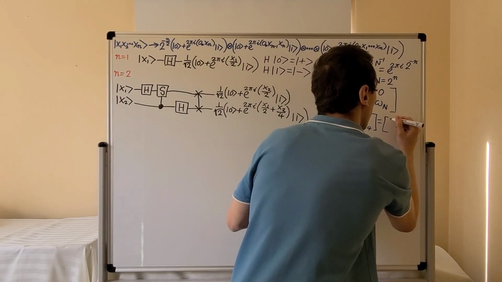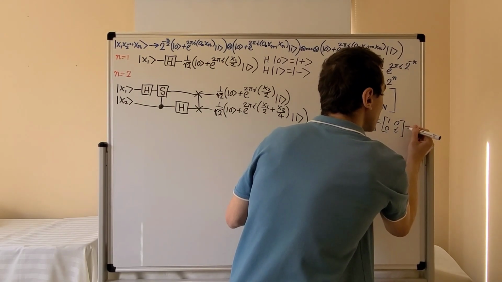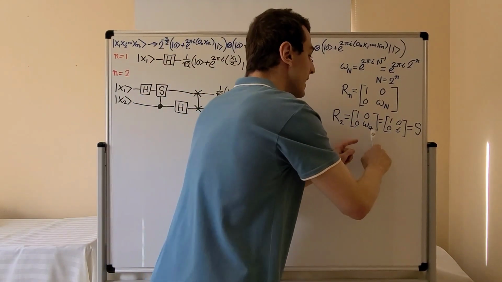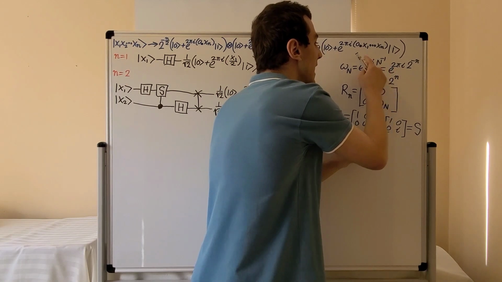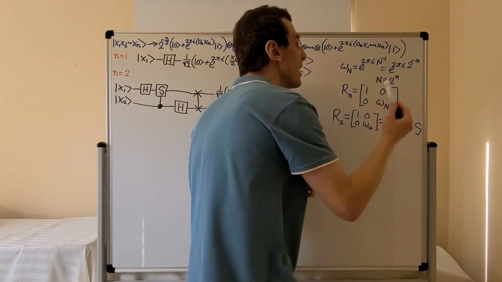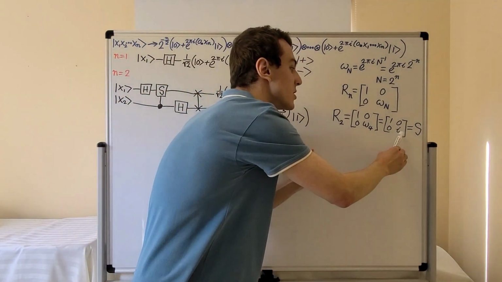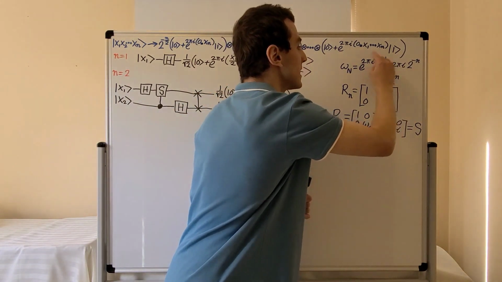So this is 1, 0, 0, i. And this is, by definition, the S gate. So why is this equal to i? Well, if you put 4 as the value up over here, you're going to have 2 over 4, which is a half. So you actually have e to the i pi on 2. And e to the i pi on 2 is equivalent to i. And you can think of it using this definition or using this definition.